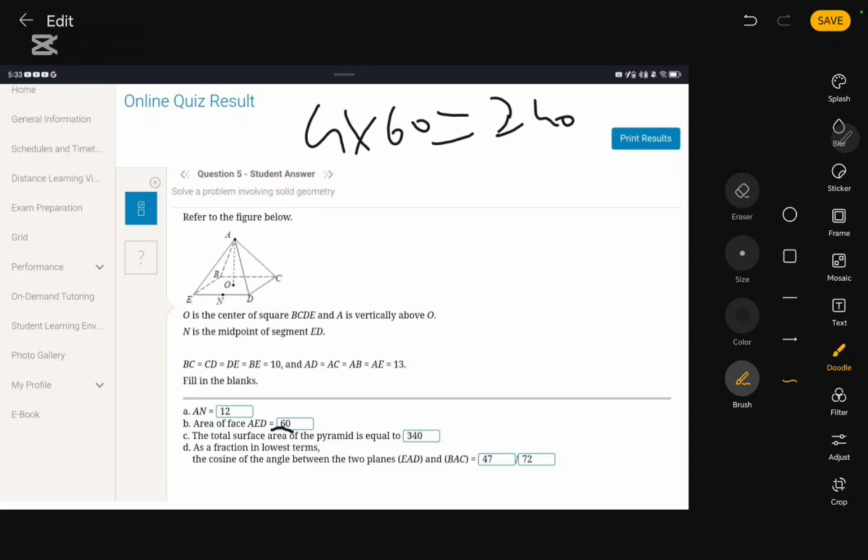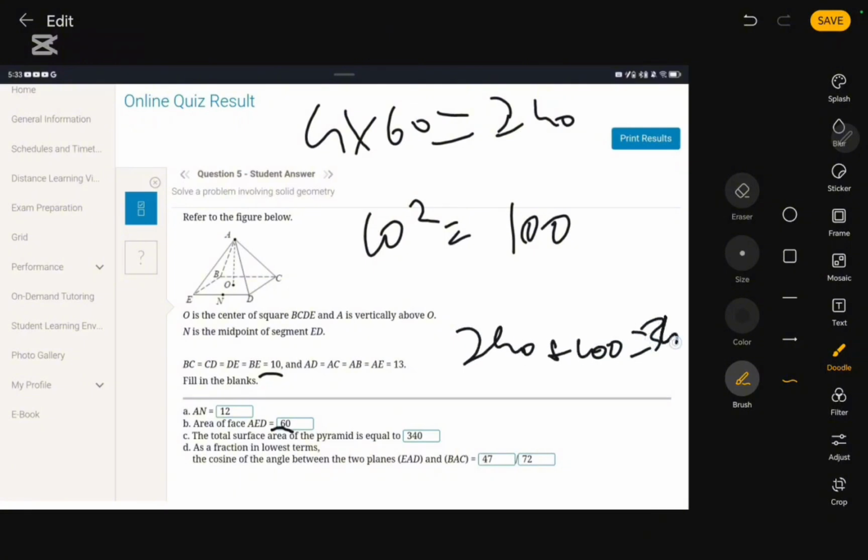And then they said there's also a square. That square is BCDE. And to find the area of a square, we need to do side power 2. And they said it's 10. We do 10 power 2 equals 100. So you have 240 plus 100 equals 340.